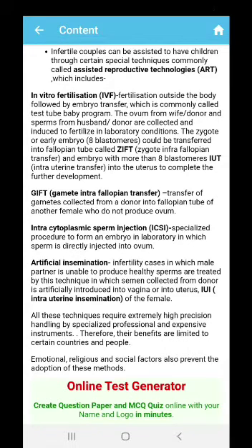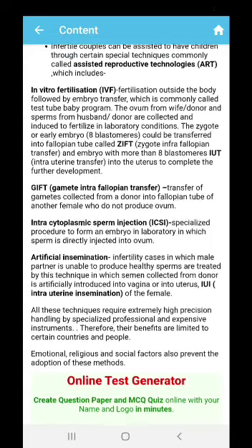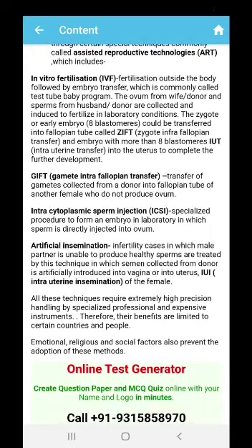And intracytoplasmic sperm injection, we all know, we have read in chapter number 3 that sperm goes to the ovum after the release in the vagina of a female. It reaches to the ovum and it dissolves the wall of ovum, the outside wall of ovum, and then enters inside the female's ovum and fertilizes it.